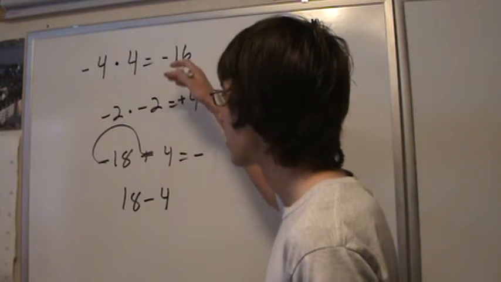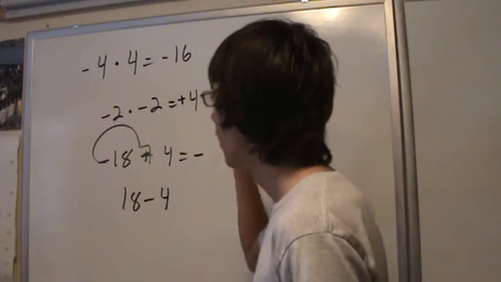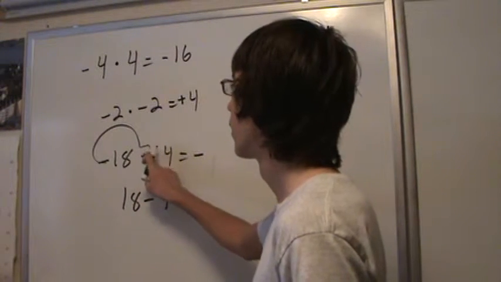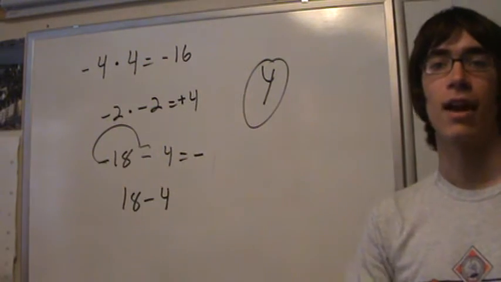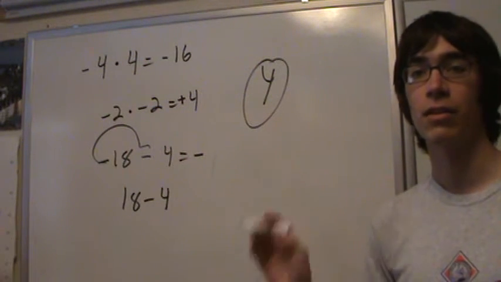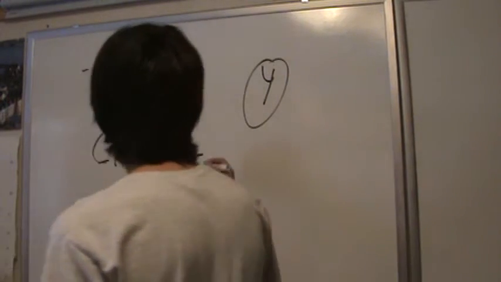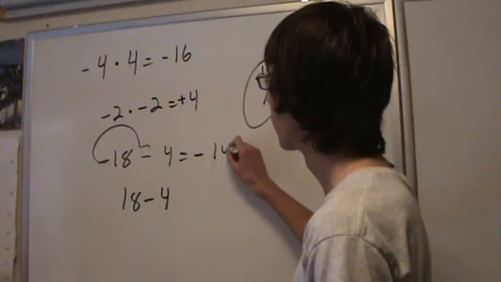Because this negative comes up and it goes, oops, wrong way. It goes like this, and then it pushes this little thing away, so it looks like this. So it's minus. That happens all the time, and I want to see that on your papers. If you don't, I'm going to flunk you. Now we're playing. So we do 18, 17, 16, 15, 14.